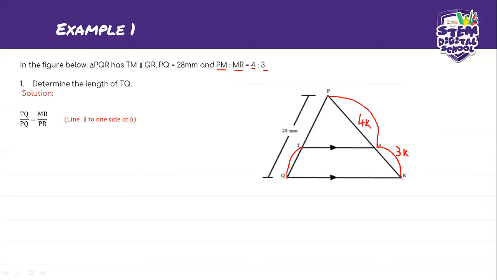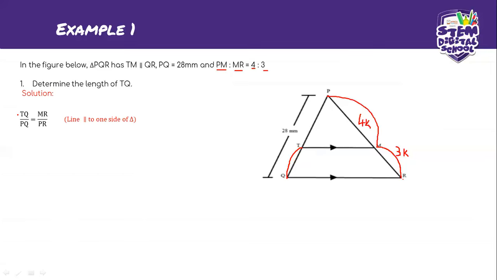Now, first, we have to start with what? TQ. So my advice to you is that if they ask you for a side, for instance, in this problem they ask us to calculate the length of TQ, you always start with what we are in need of. In this case, we're in need of the length of TQ. So you always start with it.